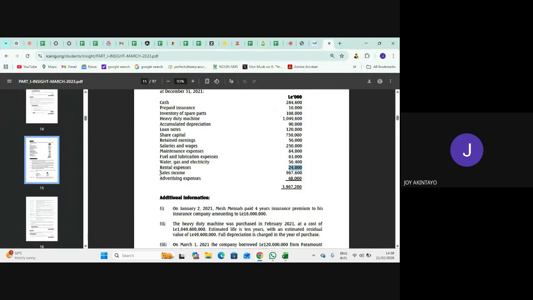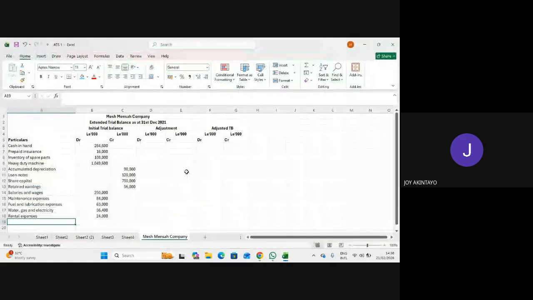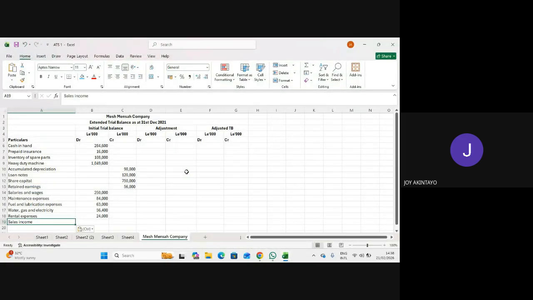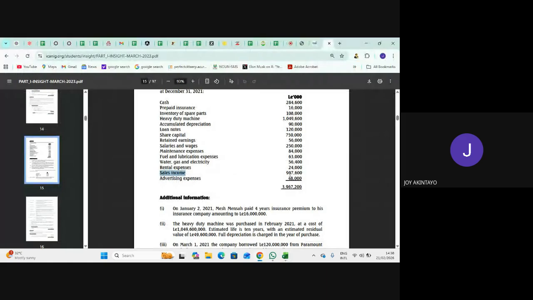Sales income. Debit or credit? Credit side. It will be on the credit side.